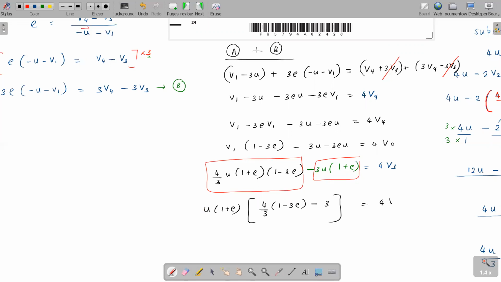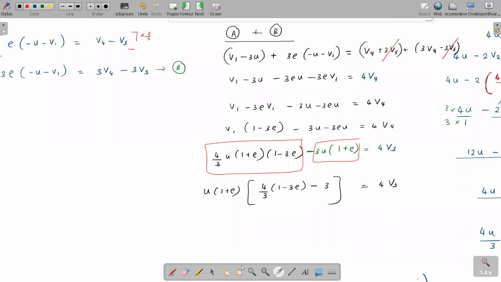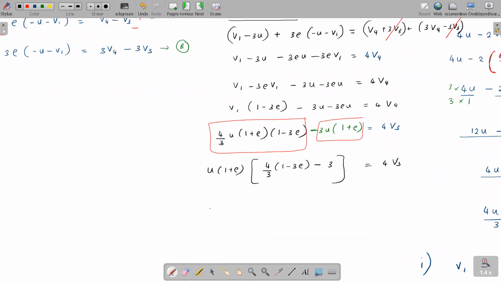Can you see? This simplification is quite tough, but you just need to do it in this manner. If you do it this way, it's easier. u times (1 plus e), I get a common denominator. Let's take it with 3. So multiplying up and down by 3, I get 4 times 1 minus 3e minus 3 times 3, which is 9, over 3.